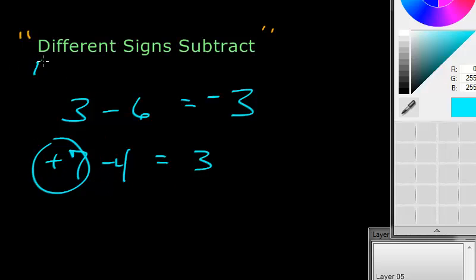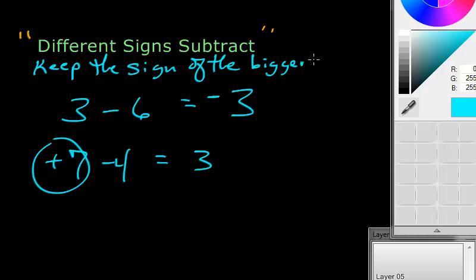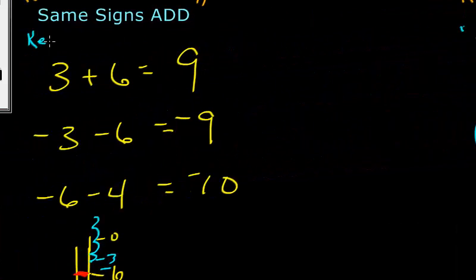Let's pencil that in there. Keep the sign of the bigger number. Very important. After you subtract, you keep the sign of the bigger number. Over here, you just keep the same signs.